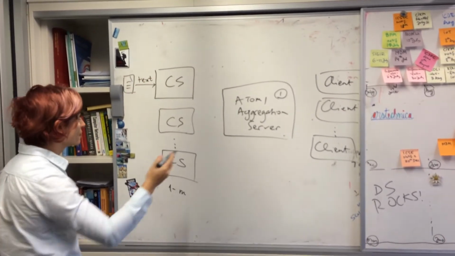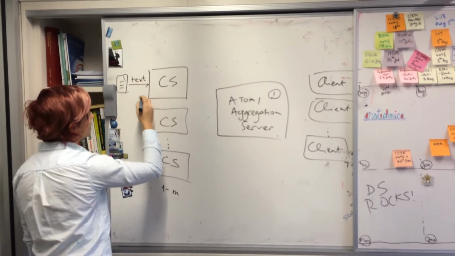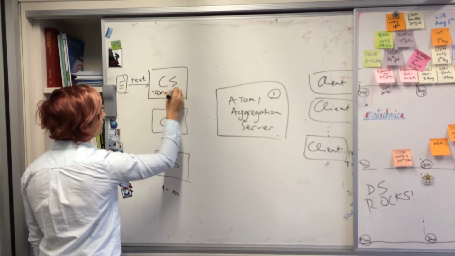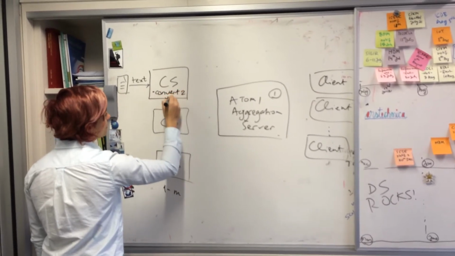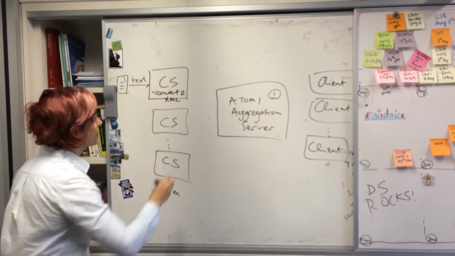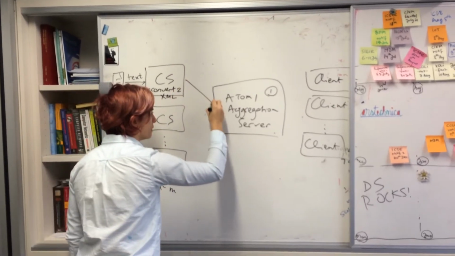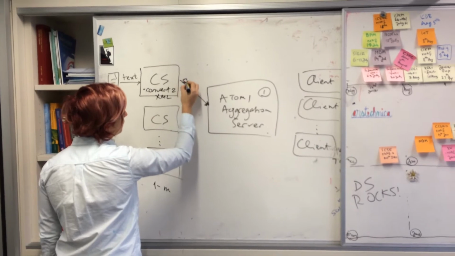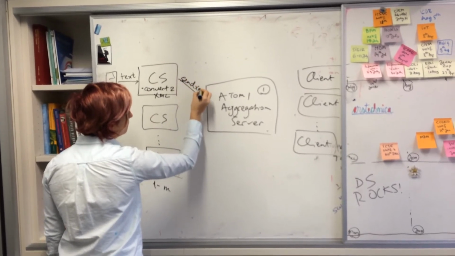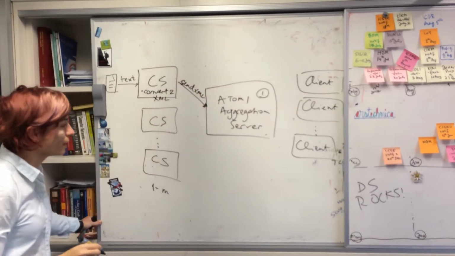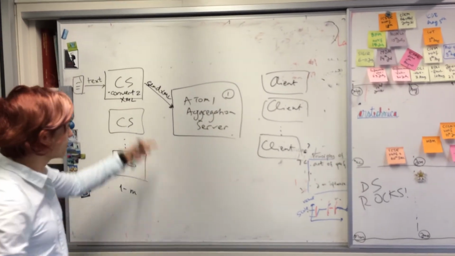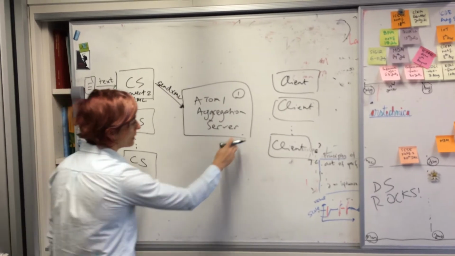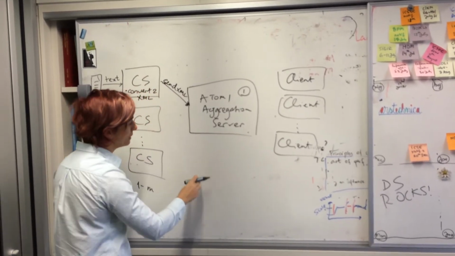They convert this text into XML, and then they send this XML file to the aggregation server. What the aggregation server does is it takes this XML and uses it in some way. The spec will tell you how, and we're going to talk about it later.